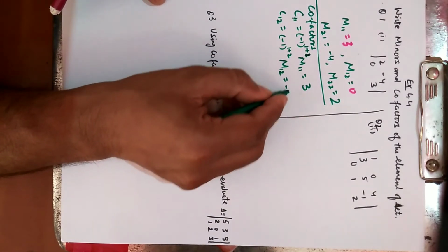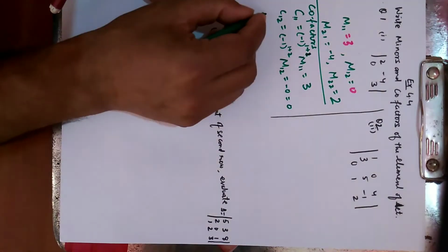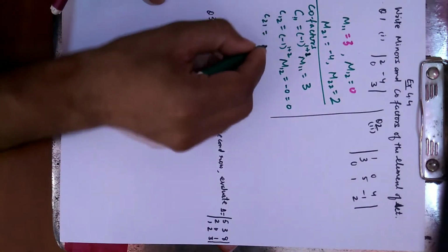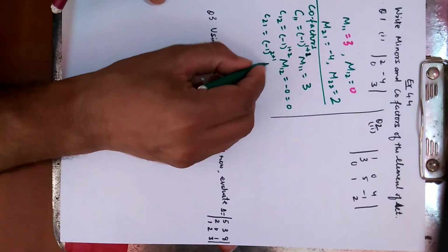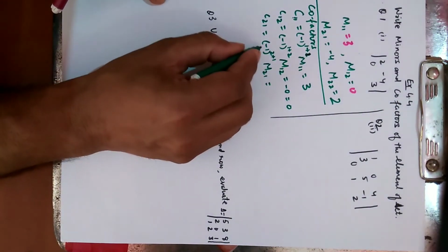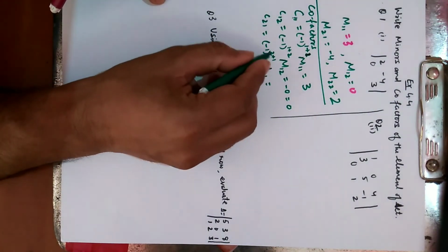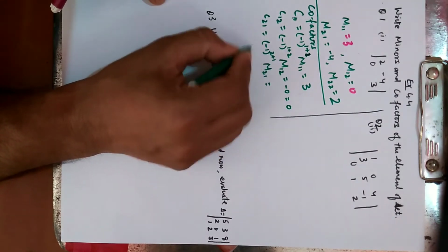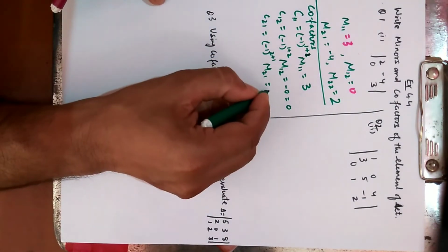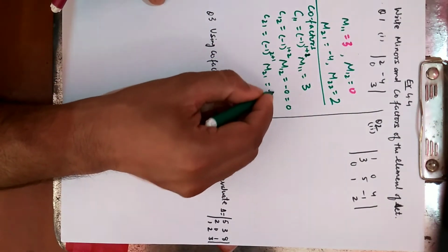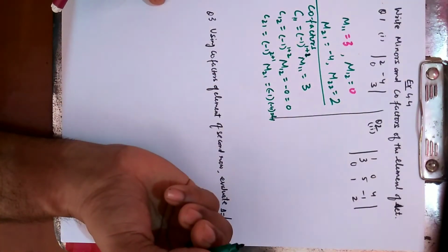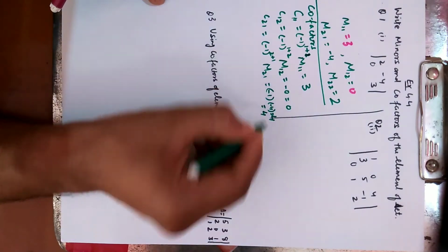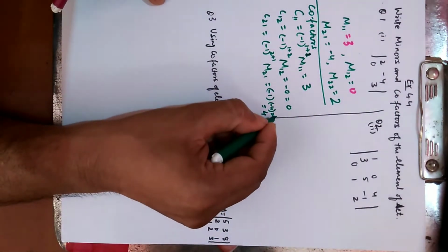So this is minus 0, ultimately you may write as 0. Next is C21, minus 1 to the power 2 plus 1, times M21. Again this is odd power, so it becomes negative, and M21 is minus 4. So this is minus 1 times minus 4, so ultimately the answer is 4.